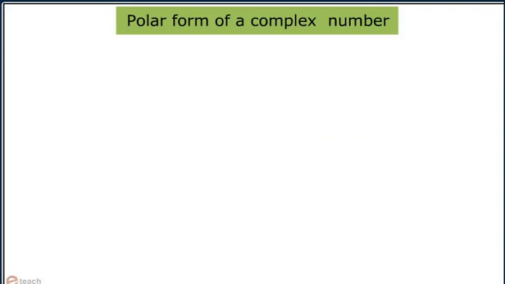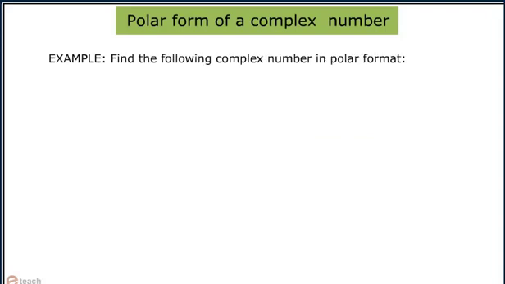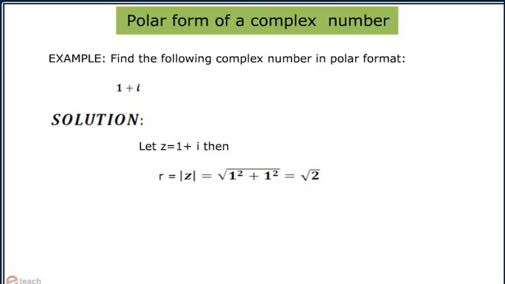Let us take an example. Write the following complex number in polar format: 1 plus iota. The solution is, let z equals 1 plus iota. Then r equals mod of z, which is equal to under root of 1 square plus 1 square, which is equal to under root of 2.